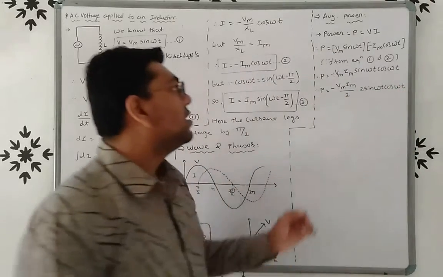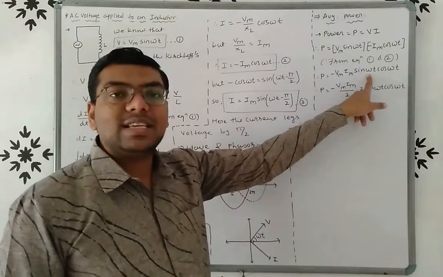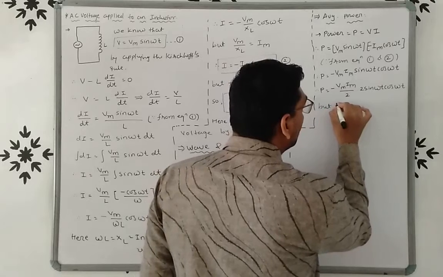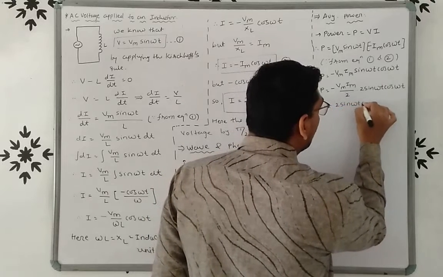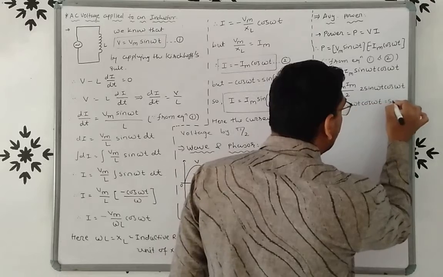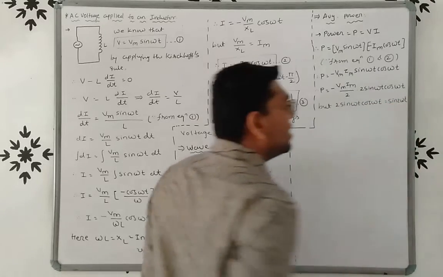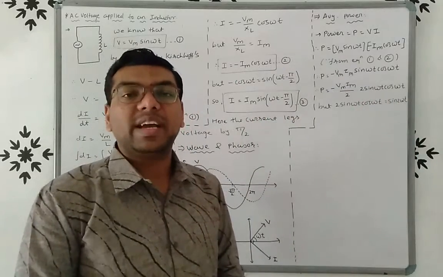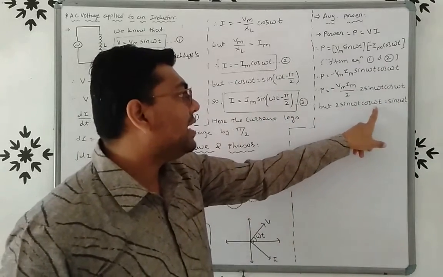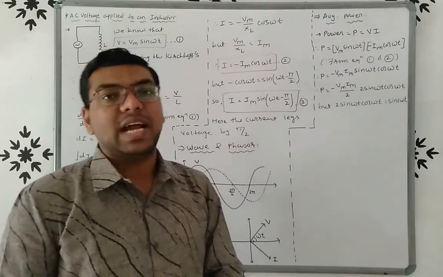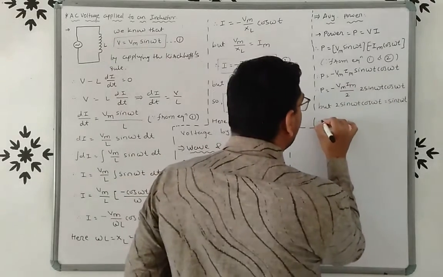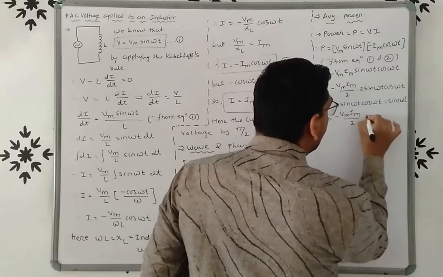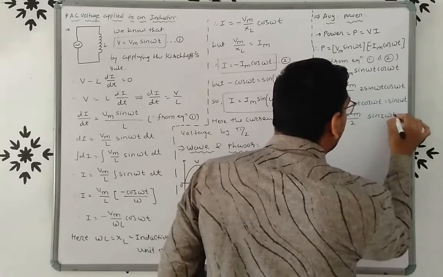Here we multiply and divide this equation by 2, but 2 sin omega t cos omega t is equal to sin 2 omega t, because 2 sin theta cos theta is equal to sin 2 theta. So power P is equal to minus Vm Im by 2 into sin 2 omega t.